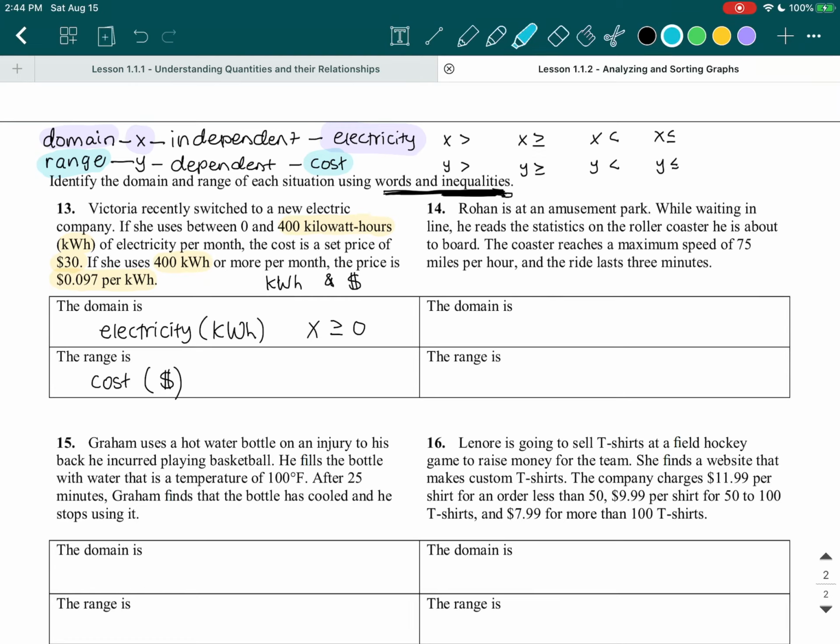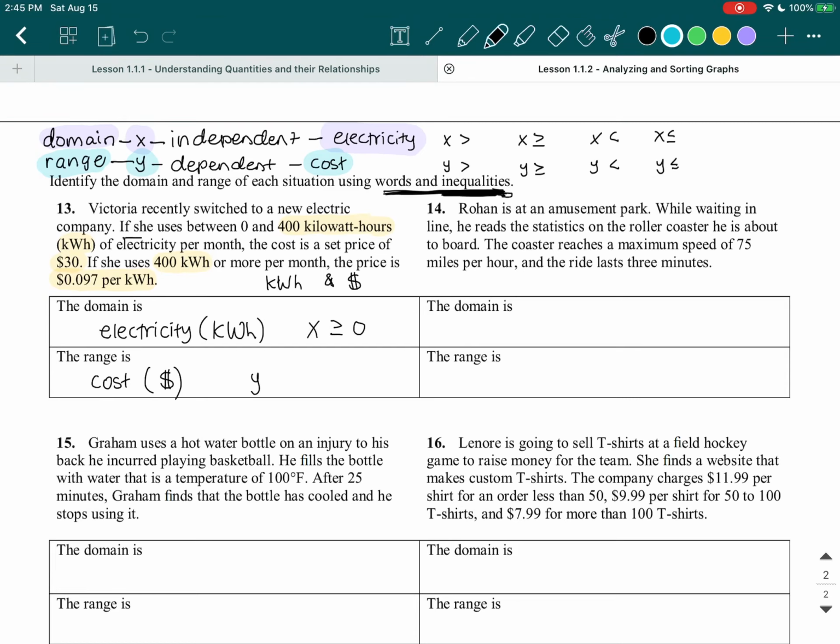Now let's take a look at the range, the cost. What letter should we use for here? Well, range relates to the y value. We said that already. So we have y. And then let's see, what is the minimum cost she can have? She can spend as much money as she wants on this, right? But there is a minimum.